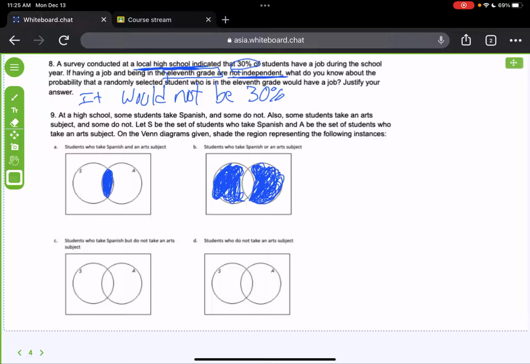Now, students who take Spanish but do not take an art, that would just be this side of the circle. Now, what about students who do not take an art subject? So those that do not take an art would be these that take Spanish and anything else. We don't care as long as it's not an art.